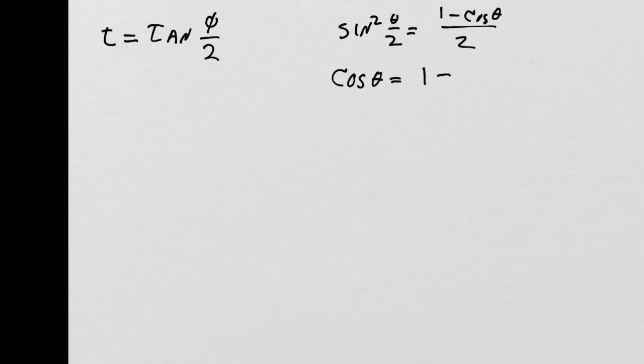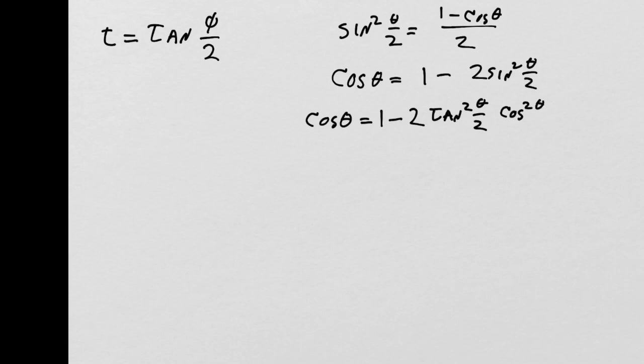The cosine of theta, we're sort of going to invert this whole thing. 1 minus 2 sine squared theta over 2, right? Not theta. Why am I using theta? Well, this is just our generic identity, so I'll use theta. But now look at this clever thing. So cosine theta is 1 minus, and then ready for this, 2 tan squared theta over 2 times cosine squared theta over 2.